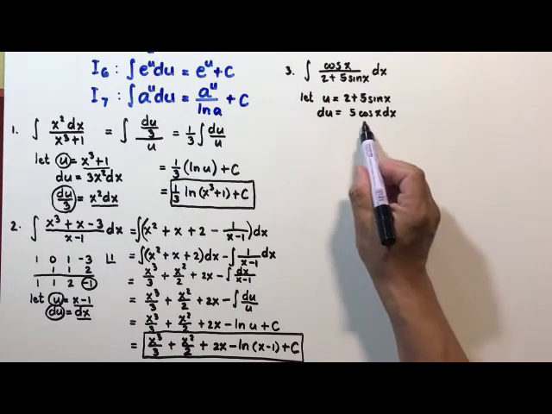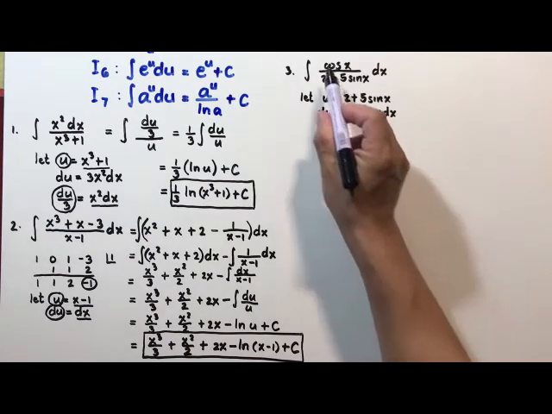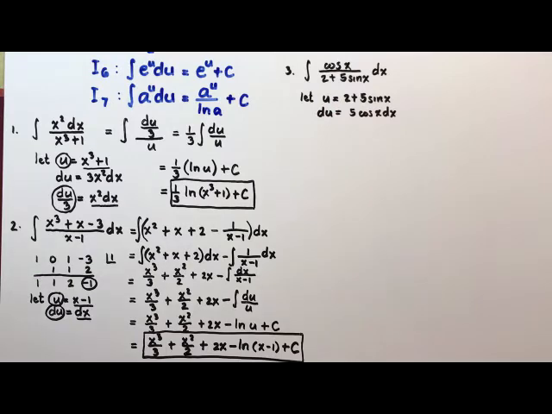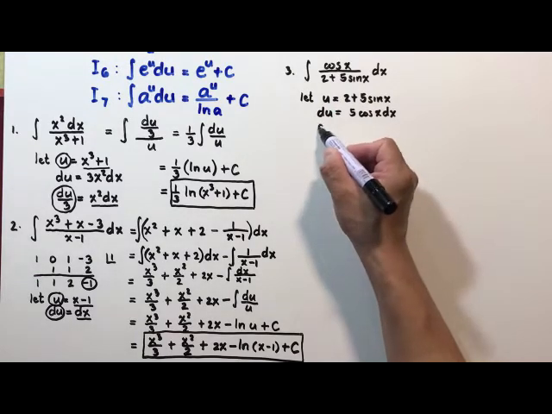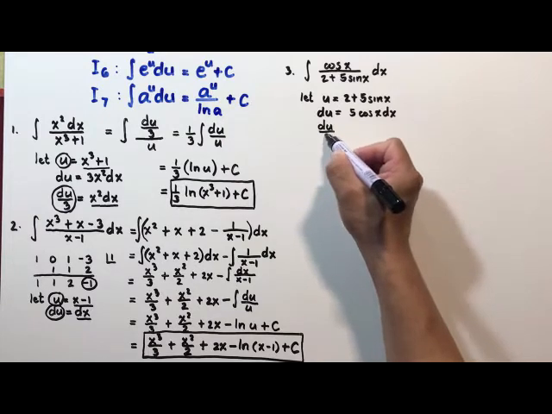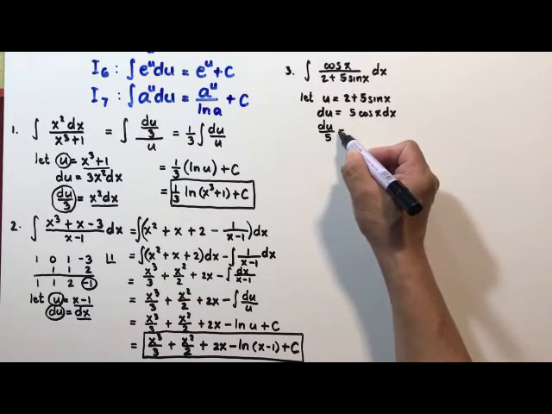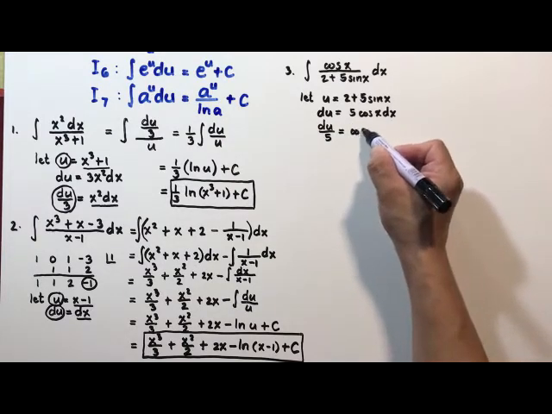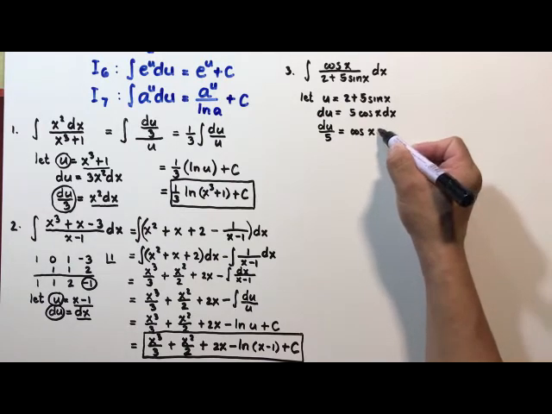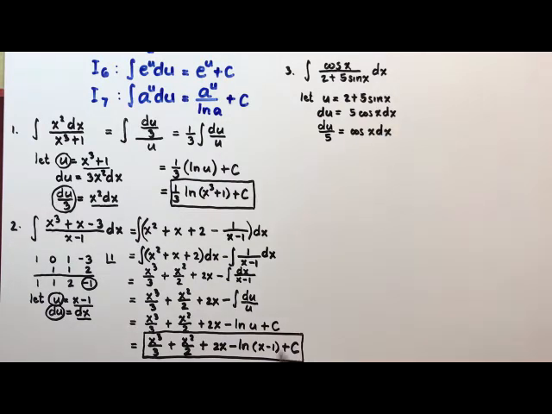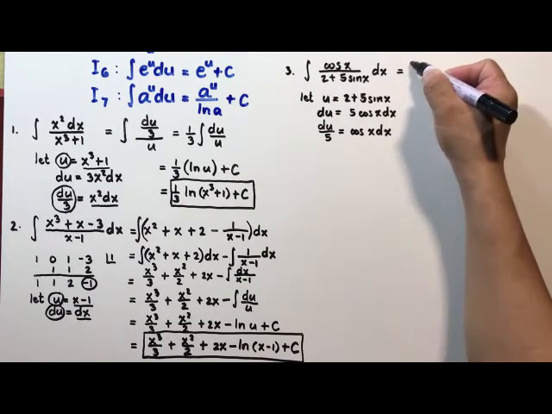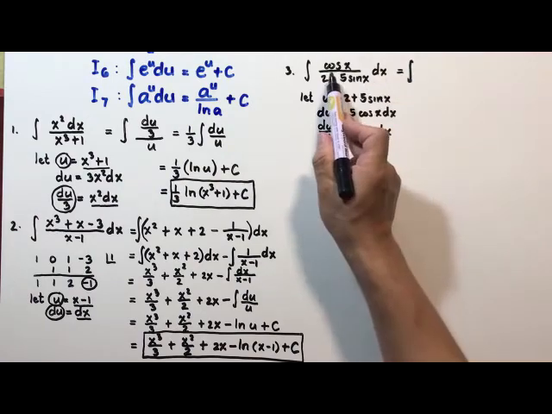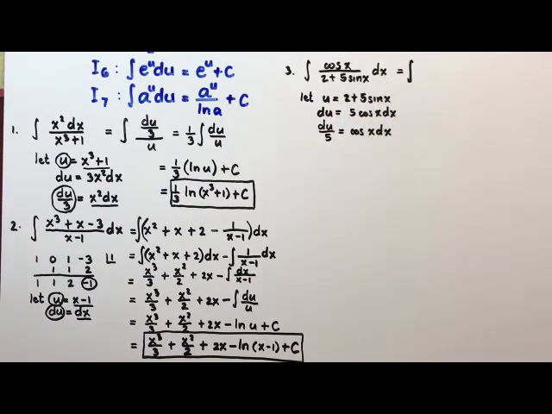But as you can see, I don't have this 5 in my integrand here. But that's not a problem, because I can divide both sides of the expression by 5 to eliminate 5 at the right-hand side of the equation. So what will remain at the right is just cosine x dx. So by substitution, I can rewrite this one, the cosine x dx.